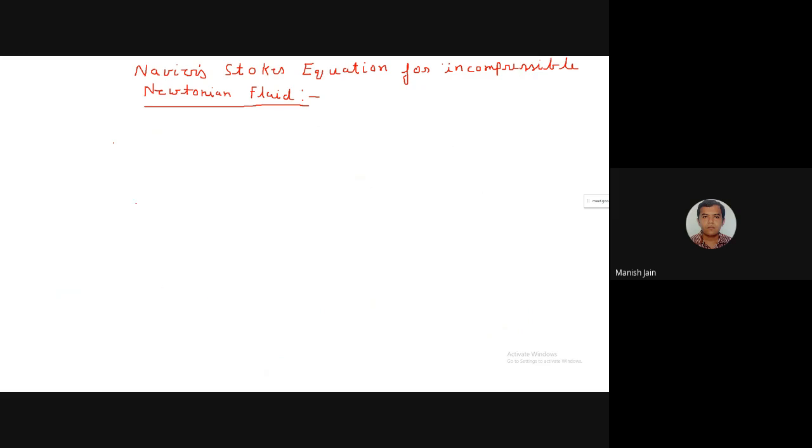So for the one-dimensional system, Newton's law of viscosity can be written as, for a 1D system, tau yx equal to minus mu del vx by del y.